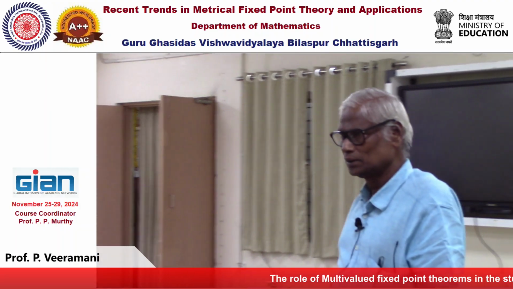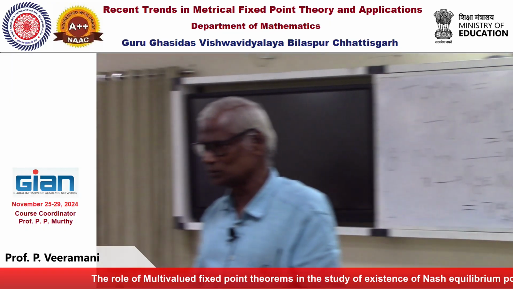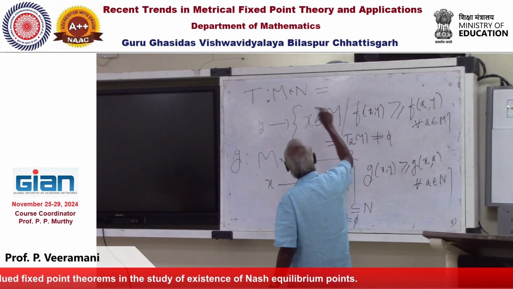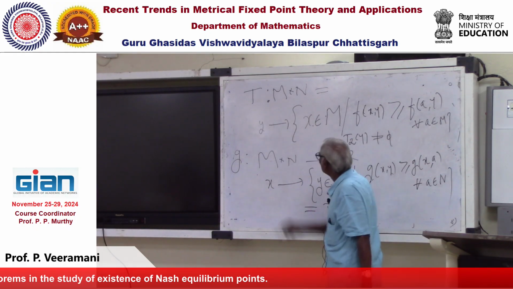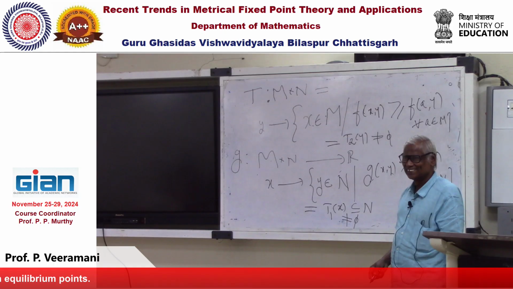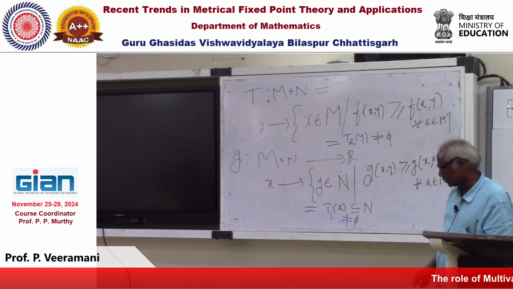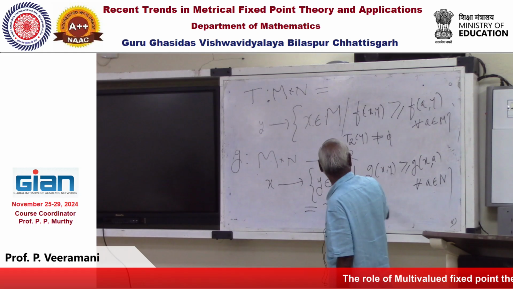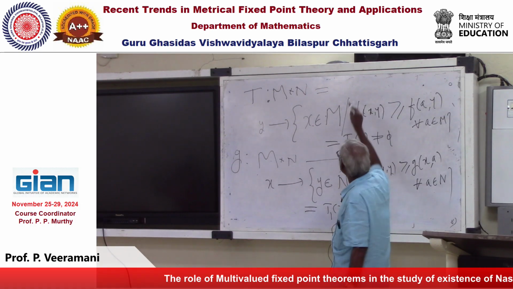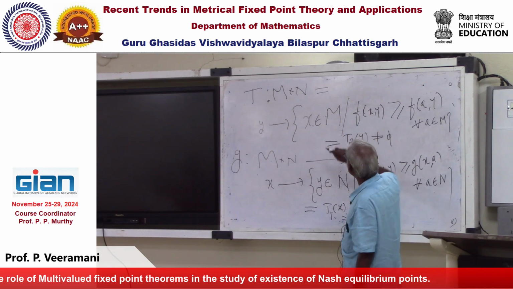So M cross N, we know, is the set of all ordered pairs X, Y such that X belongs to M, Y belongs to N. Now this T1 of X or T2 of Y, it doesn't matter which one you use, T2 or T1.